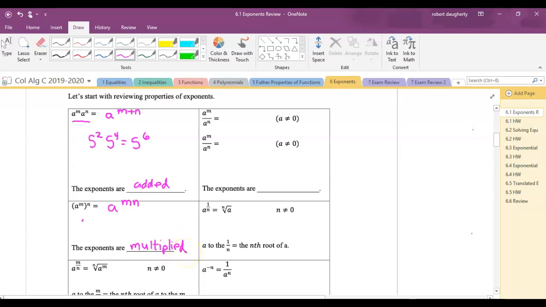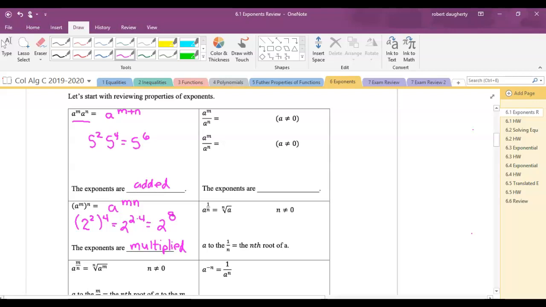So for example, if I had 2 squared and I raise all of that to the 4th power, that's 2 to the 2 times 4. That is 2 to the 8th power. So the exponents are multiplied. So again, if I'm multiplying two expressions, each with their own exponent, I add the exponents. If I have something raised to an exponent and I raise it yet to another power, I multiply those exponents.